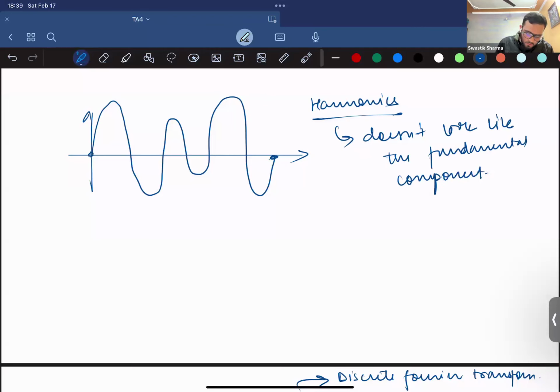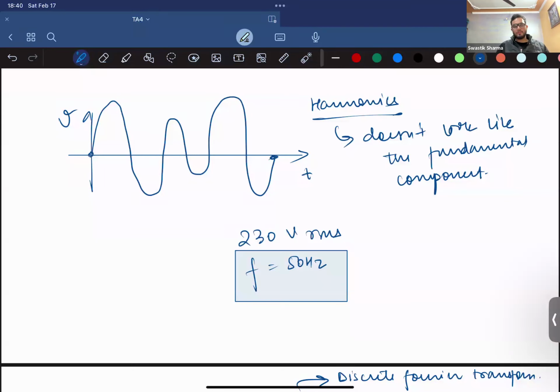We know what the fundamental component is: for the voltage signal at our house, it's 230 volt RMS and the frequency is 50 hertz. So the magnitude and the phase angle associated with the fundamental frequency component is what we are looking for. We can do harmonic analysis also, but the phasors are generally calculated only for the fundamental frequency component because that is what is being used at the end.